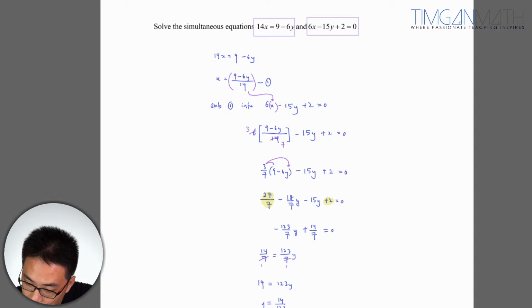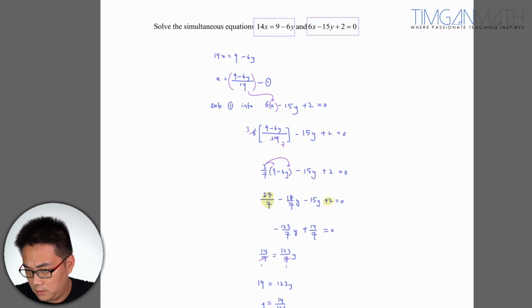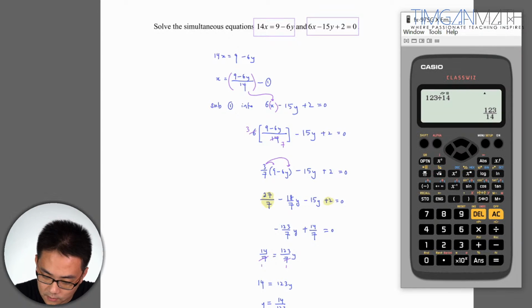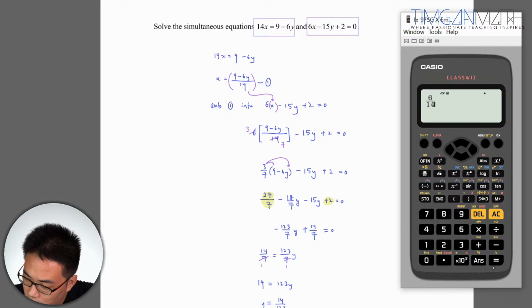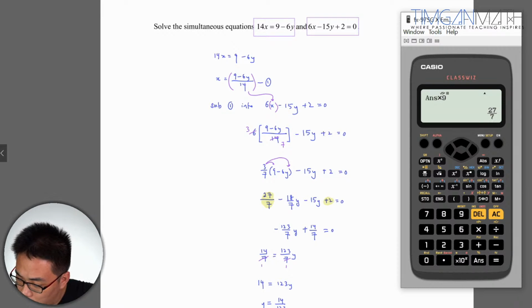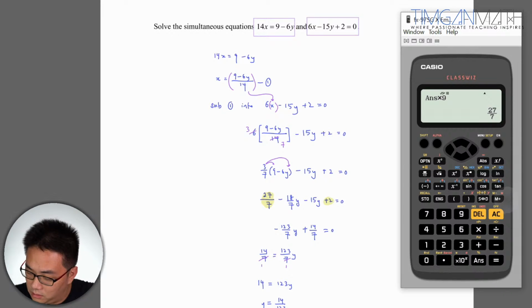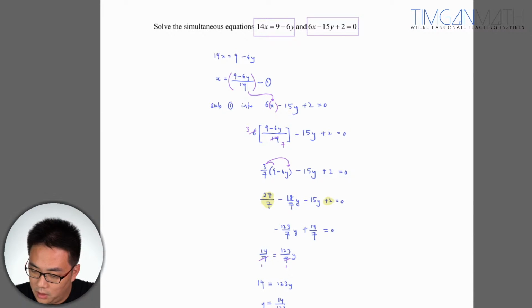X equals 9 minus 6y over 14. 6 over 14 is 3 over 7, times 3. I don't see any mistake there. The answer, let me check.